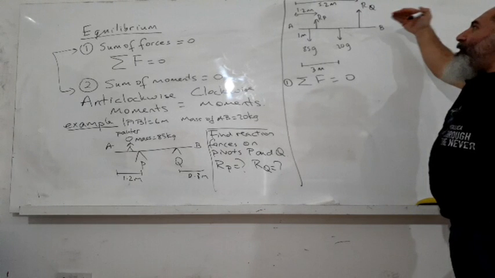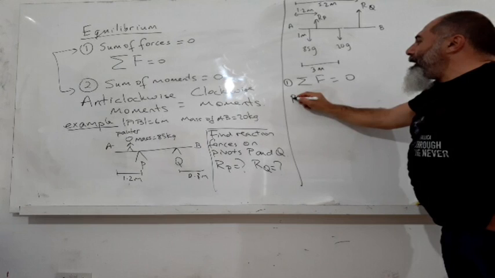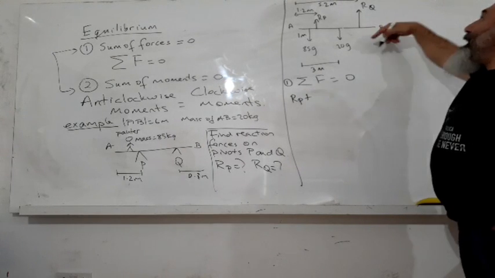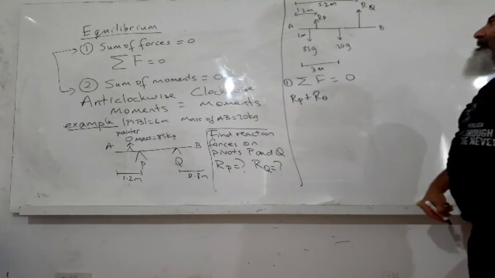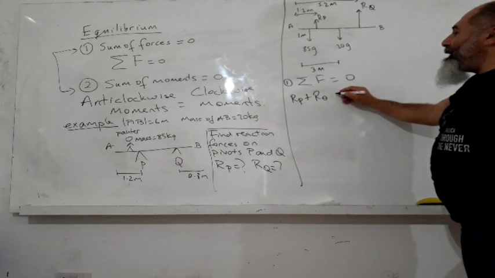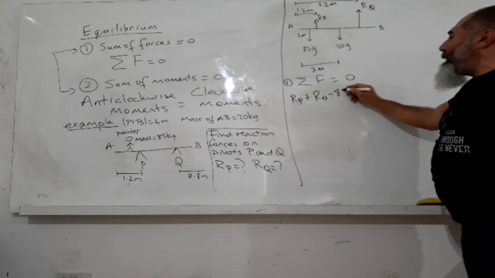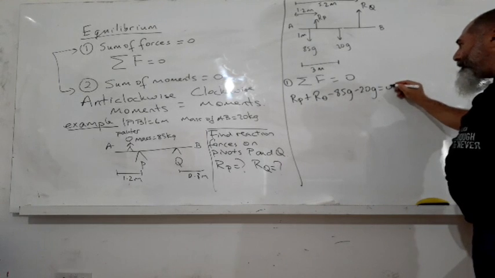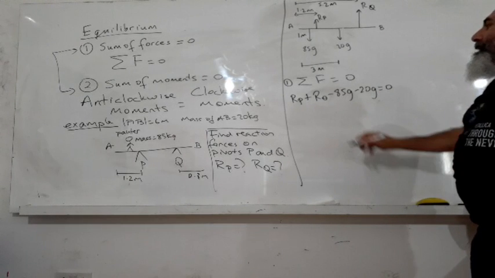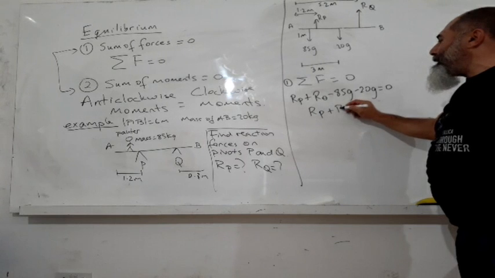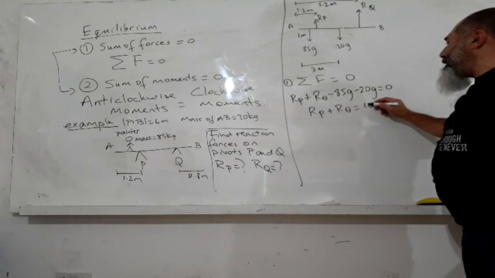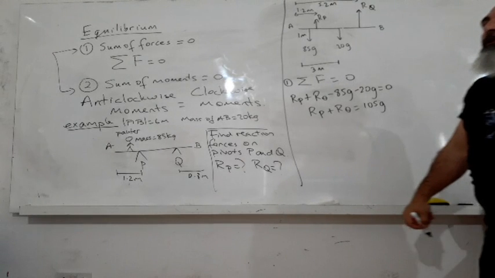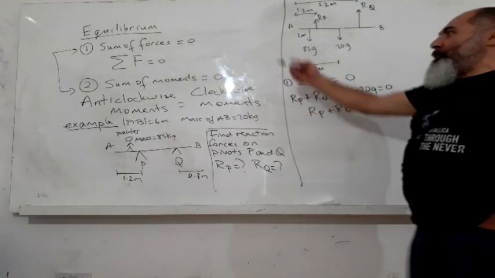Rp is up, it is positive. Rq is also up, it is positive as well. 85G is pointing downwards, and we have 20G pointing downwards as well. So Rp plus Rq is equal to 105G. This is the first information that we get from the first rule. For equilibrium, sum of forces must be 0.